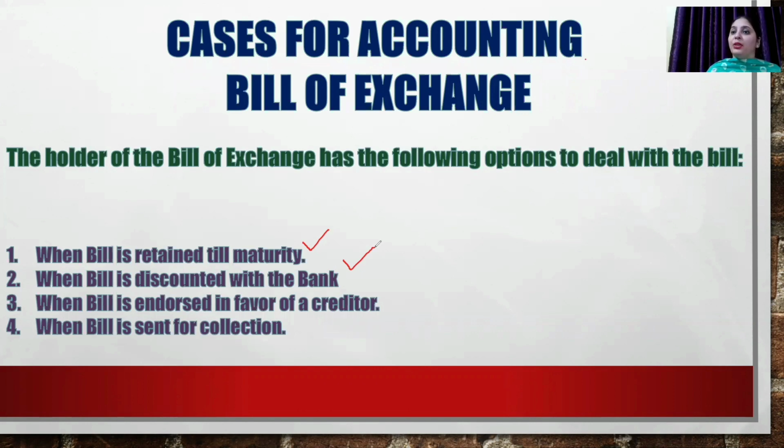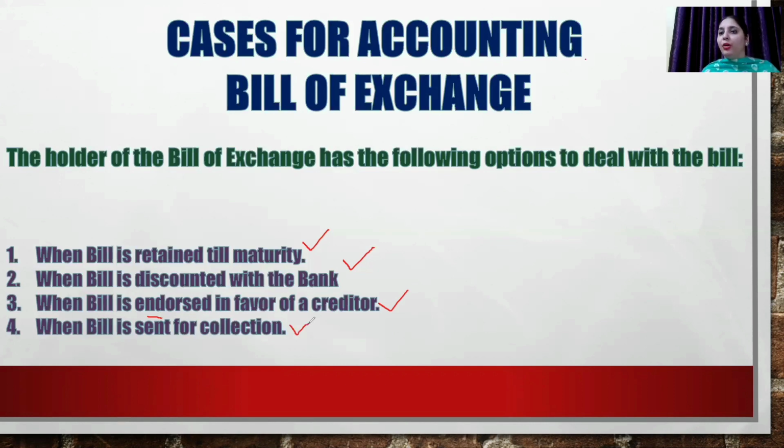A bill of exchange can also act as a source of short-term finance, where a loyal customer can keep this bill with his or her bank and take money, that means borrow money from the bank before the maturity date. This bill can also be endorsed in favor of creditors. Endorsed means transferred. A bill can also be sent for collection.